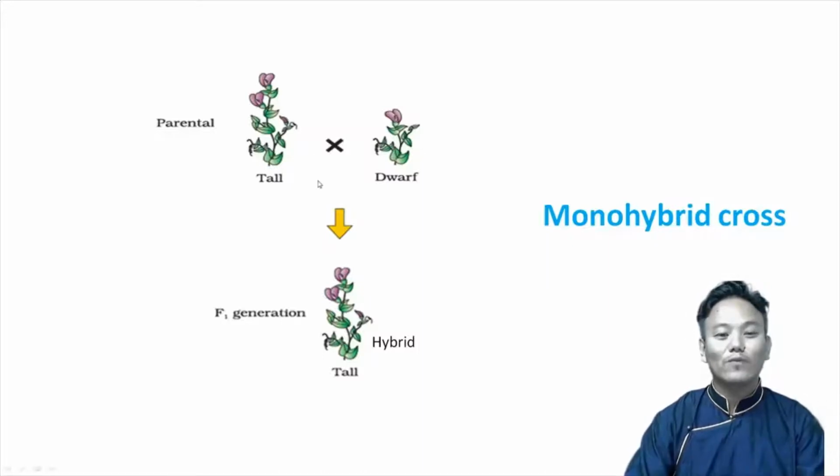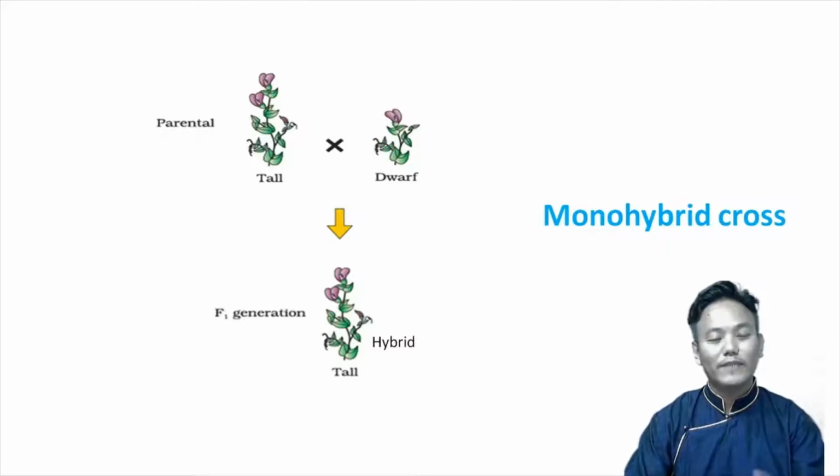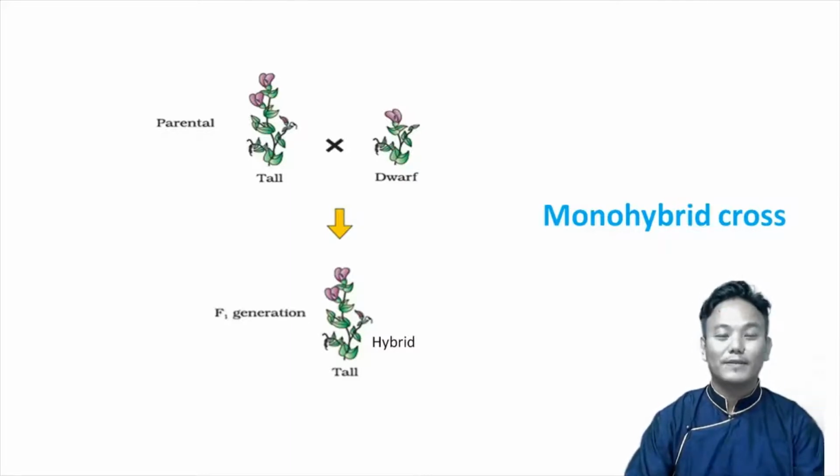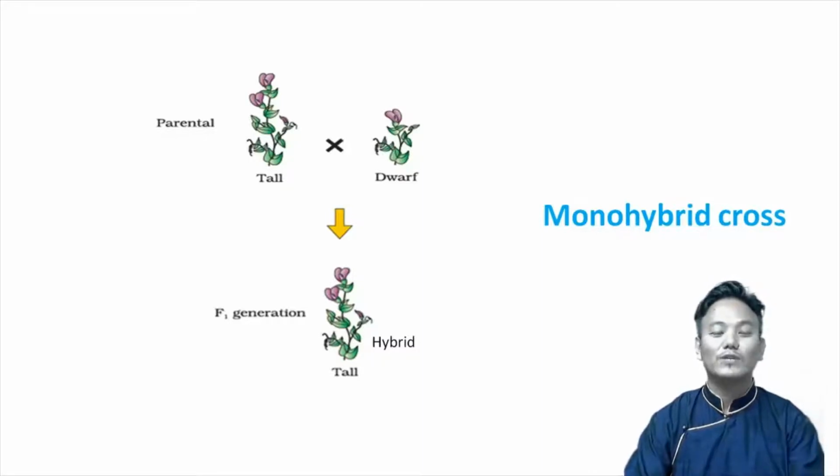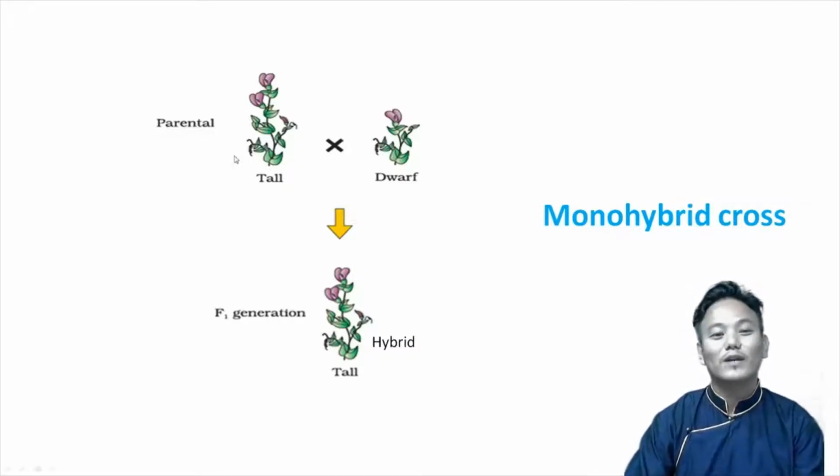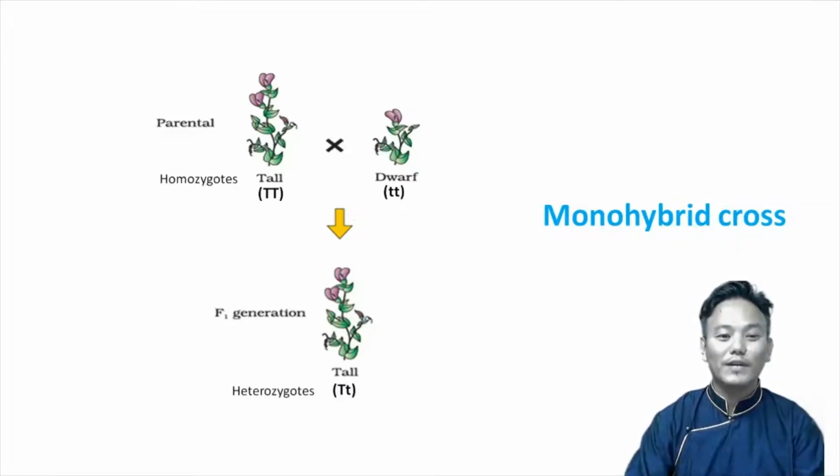What he said was, each character is controlled by a discrete unit called factors, and these factors occur in pairs in an individual. So in an individual, there is a pair of factors which is trying to control the characters. And these factors, we can represent in the form of letters. Over here, I have written the letters down.